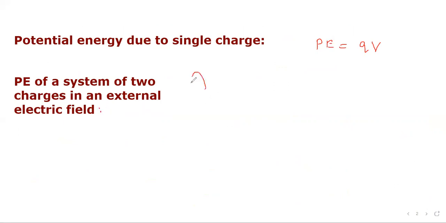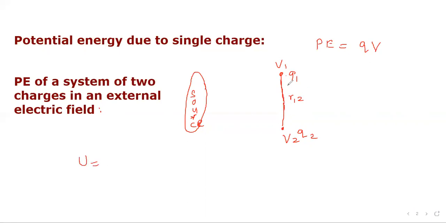So suppose this is source charge, which is creating the potential. So suppose at this point potential is V1, and at this point potential is V2, and this separation is suppose R12. Now we bring one charge Q1 at this point, then Q2 charge at this point. So now we have to find out what is potential energy of this system.